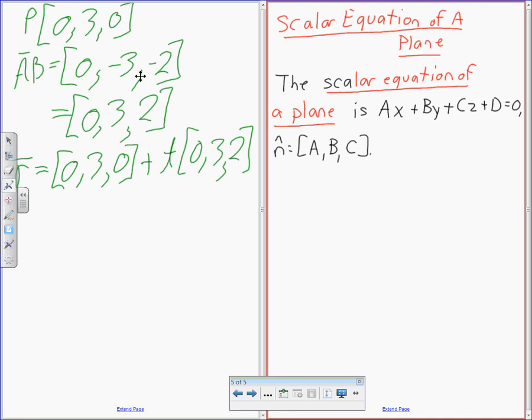So if you have a normal vector to a plane, you can get the scalar equation of the plane, which is nice. You find the normal vector, and then we're going to find a point on there to solve for D to plug it into the equation.